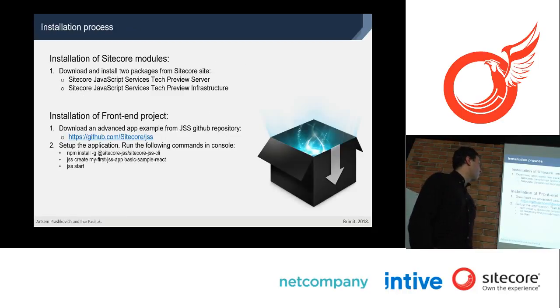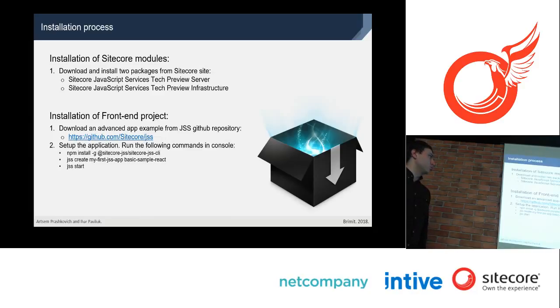So, how should we install JSS? There are two parts of installation. The first one is installation of Sitecore modules. The first package is important, and if we want to use JSS, we should install it.